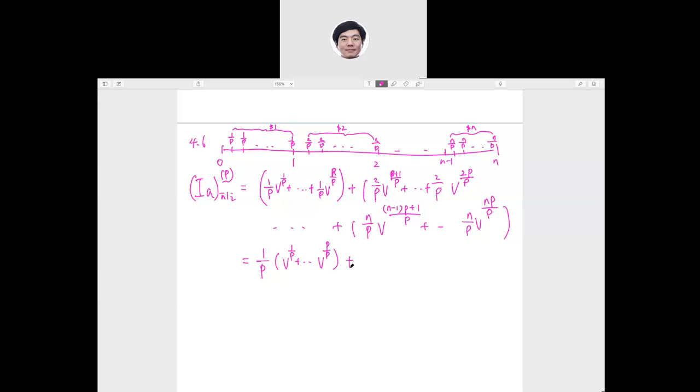The second one I can factor out v1, not vp, and then inside I have this. Right, it's the same. You see that? So what I can factor out here would be n minus 1. Then I have the same.